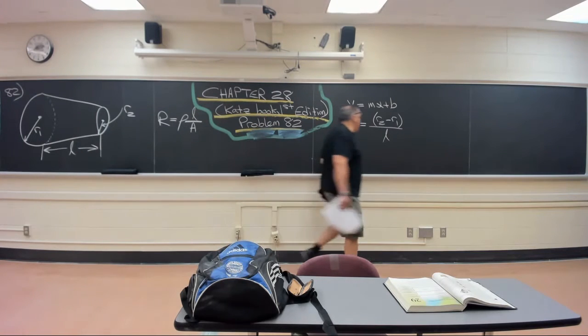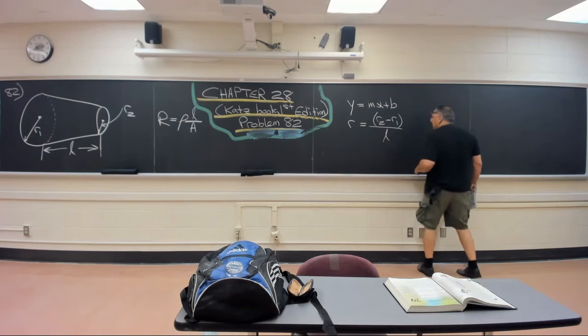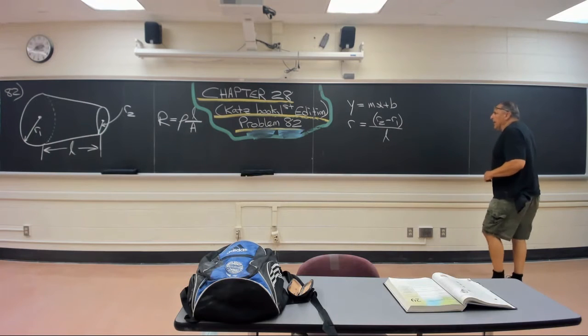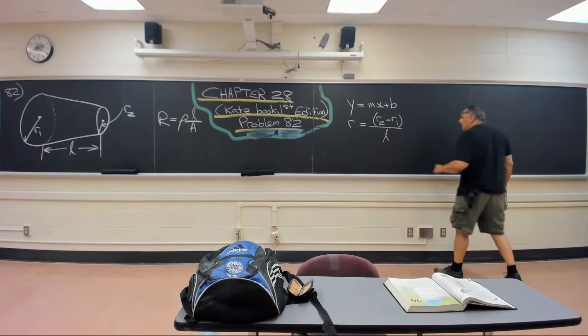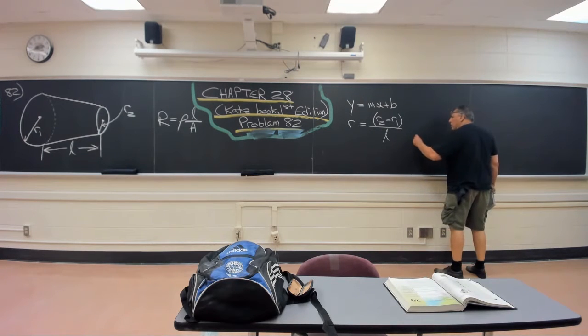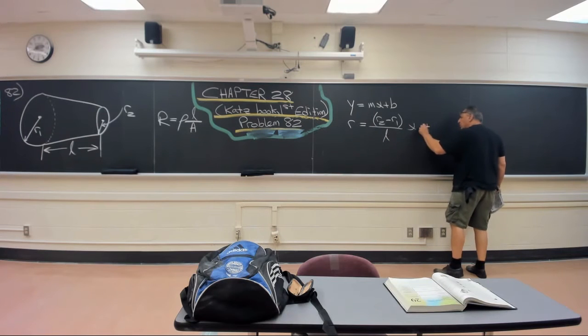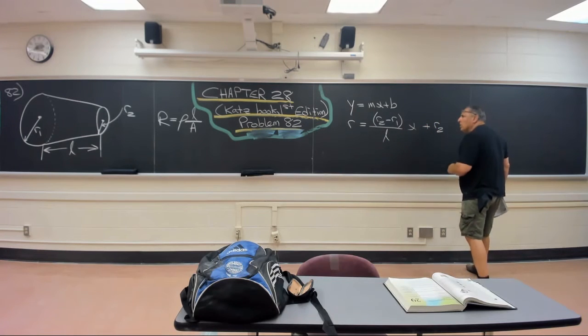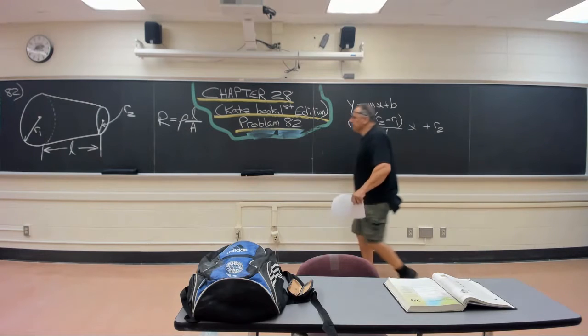So if that's the case, for x equals 0, here's the slope, x equals 0. 0 times this is all 0, but I got to get an R1.